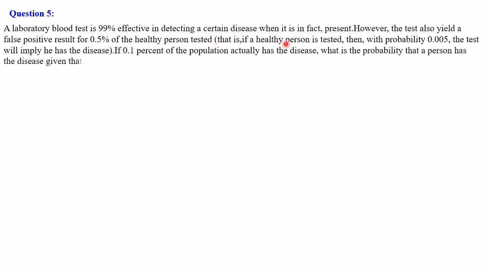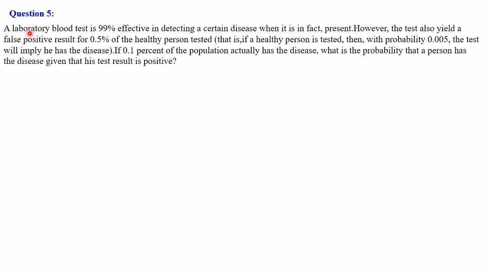That is, if a healthy person is tested, then the probability 0.005, the test will imply he has the disease. If 0.1% of the population actually has the disease, what is the probability that a person has the disease given that his test result is positive? Here, this is the real application of Bayes theorem. You have to read very carefully and define E1, E2 and A and all.